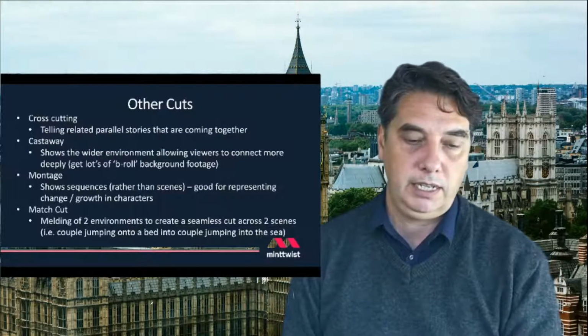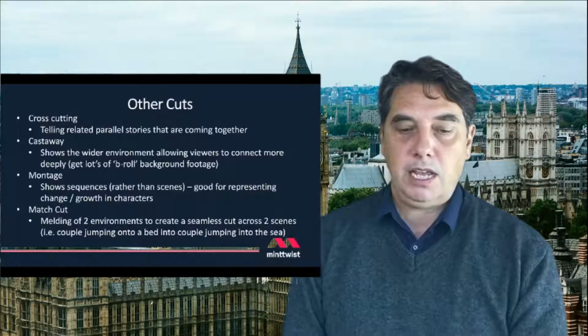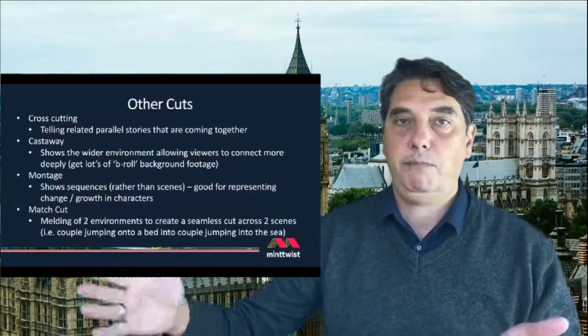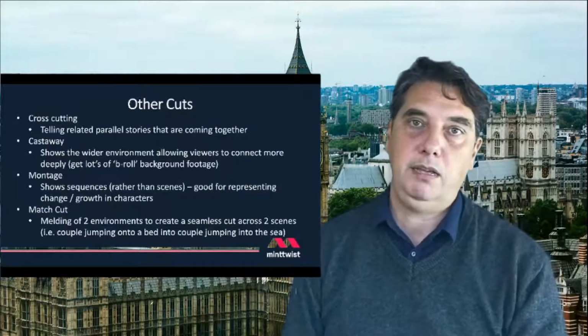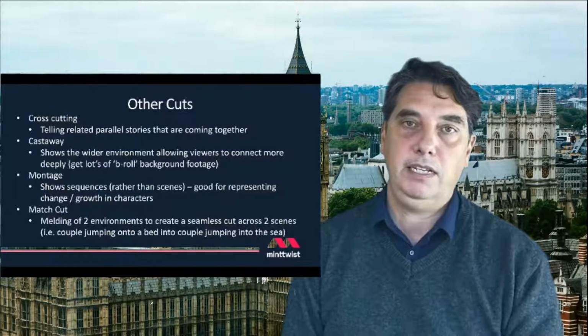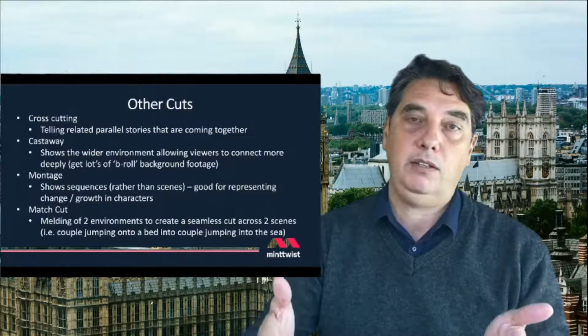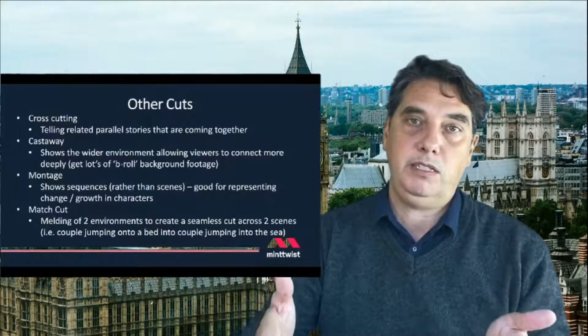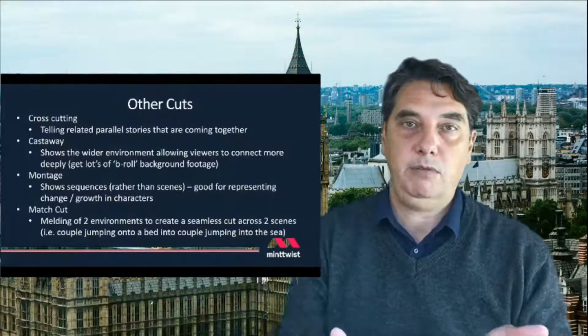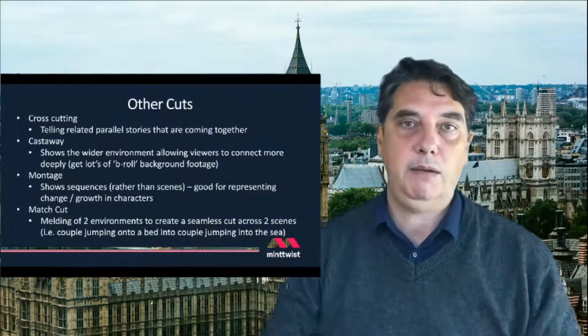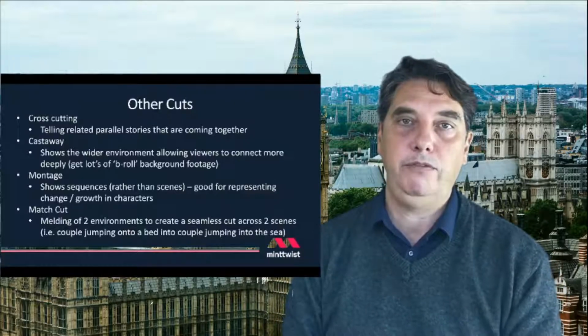So, a montage scene. This is a series of sequences that will show a quick progression of time, and the classic is the montage scene that might happen in the middle of a movie where they want to tell a story over a long period, but they want to tell it in a very short period of time. The classic one is Rocky, the boxing champion movies.